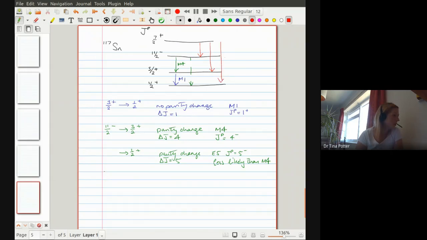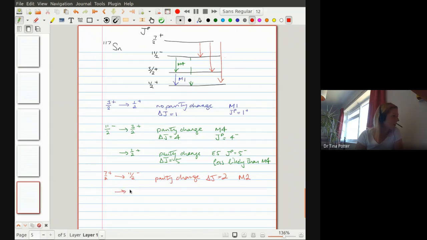So we're starting off with 7 over 2, even parity. We're going to have a look at 11 over 2, odd parity. So this first one, there's a parity change. And we've got delta J equals 2. We can have an M2 transition there.